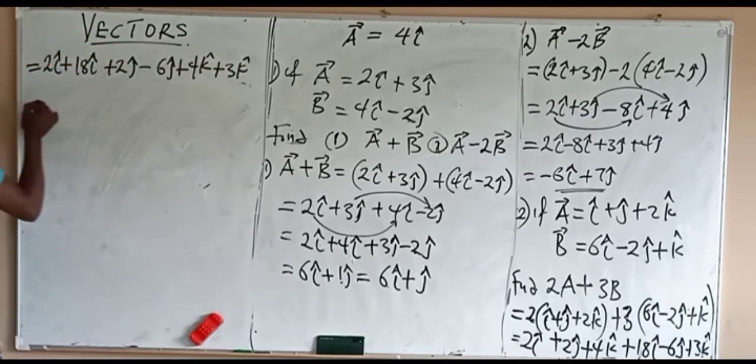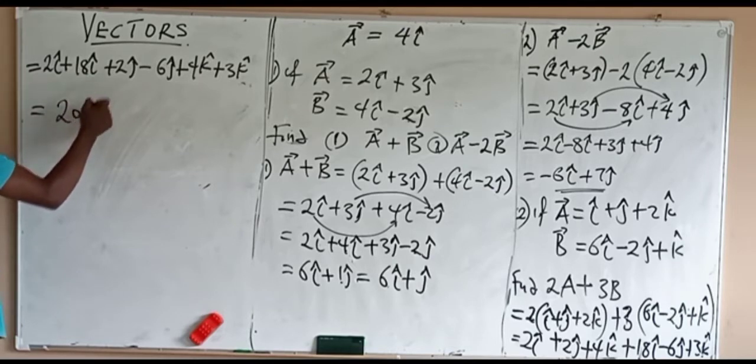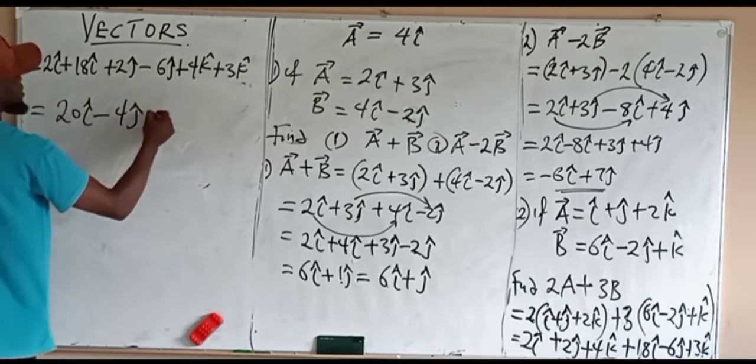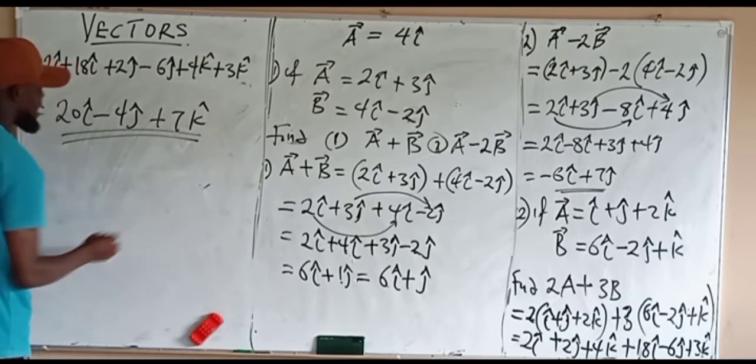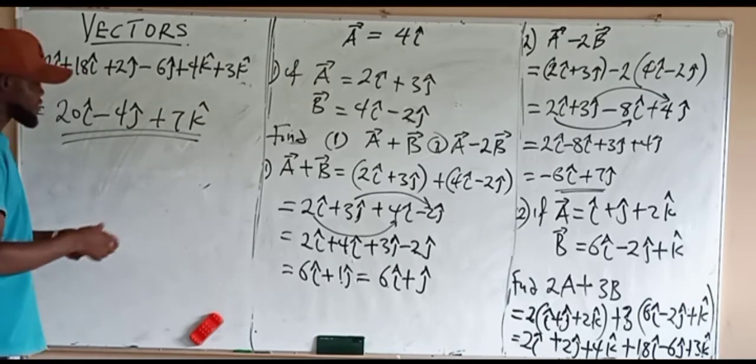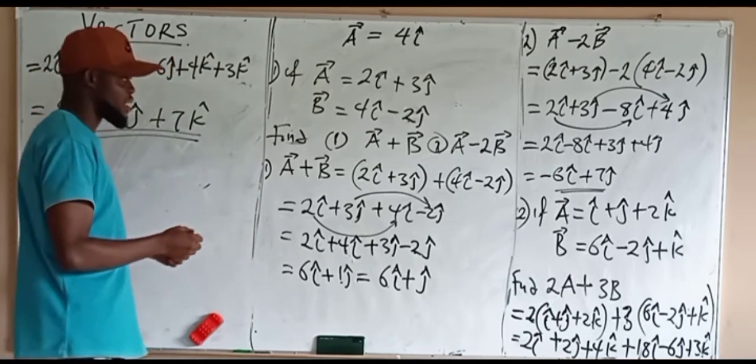At the end of the day, we'll have 20I, then 2 minus 6 gives minus 4J, and 4 plus 3 is plus 7K. This is what we're having as our answer.